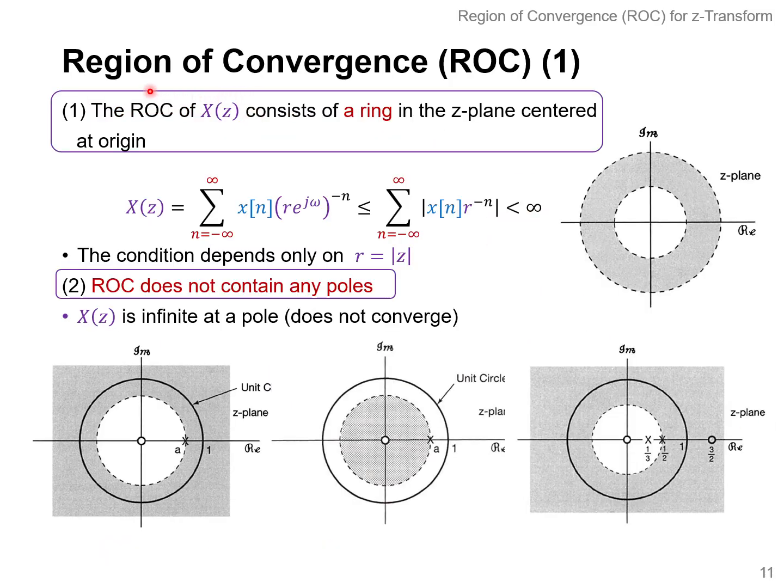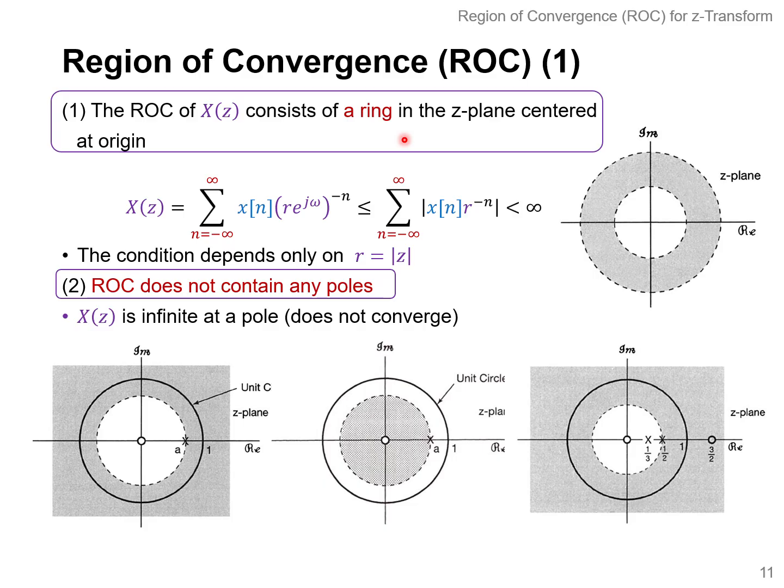We look at the region of convergence, or ROC, for the z transform. The ROC is important because it tells us where X of z is valid. It also helps us see if a signal grows, decays, or oscillates over time. So the first property, the ROC forms a ring in the z-plane.